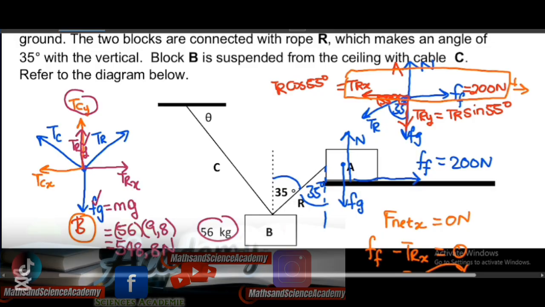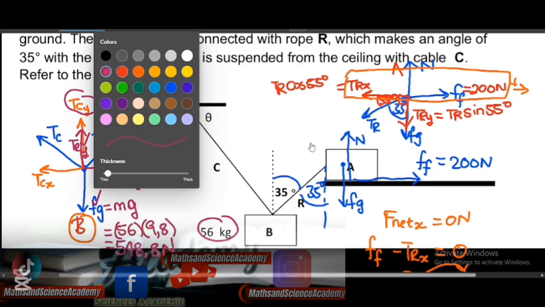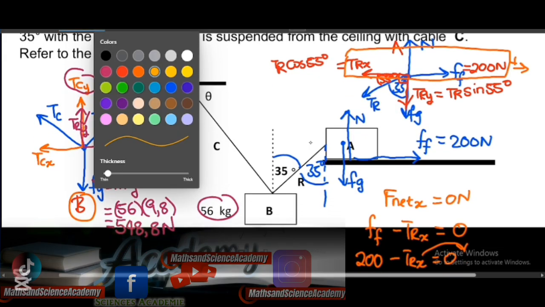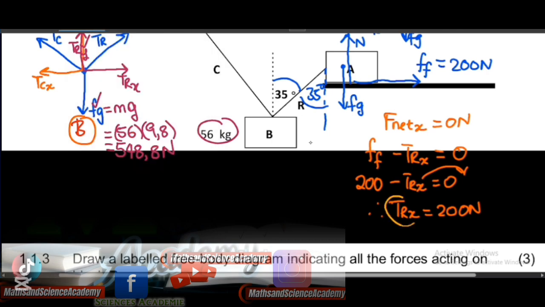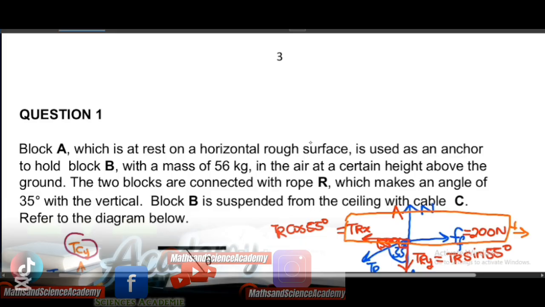Since we are done calculating Fg, our main objective is to now find Try. Probably you guys are wondering, how will we find Try? Since we already know that Trx is equal to 200 Newton, right? We already know that another formula of Trx is the component of Trx equal to Tr, tension of R, cos 55 degrees, right?